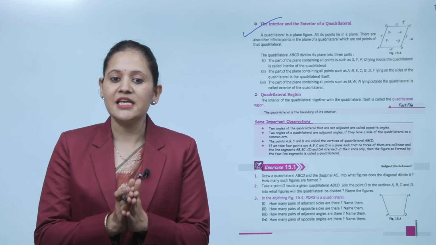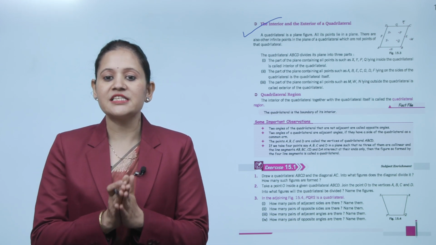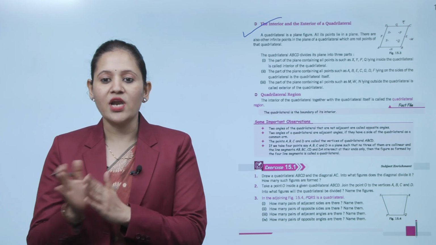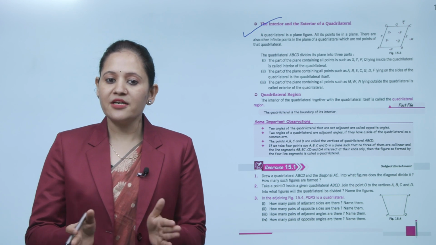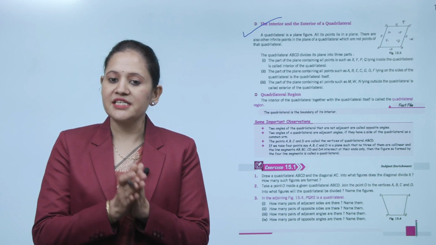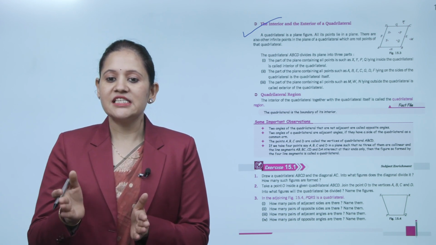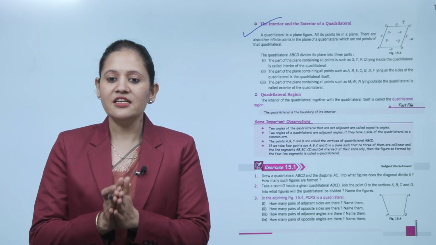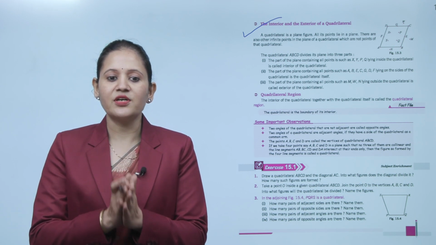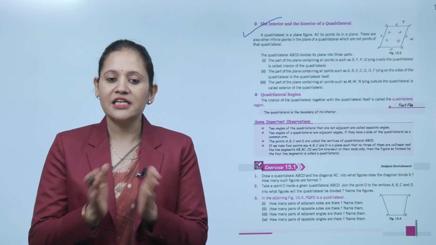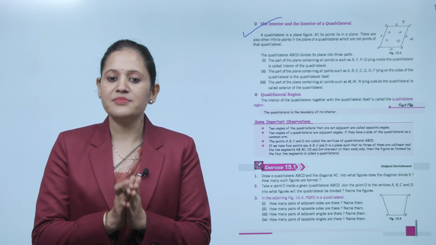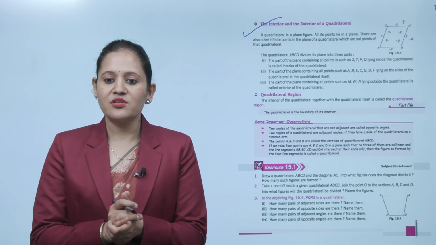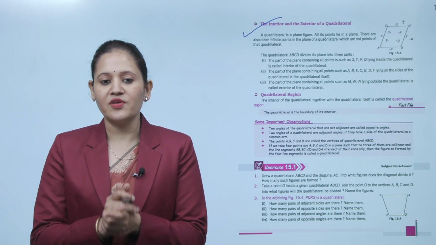The part of the plane containing all points such as X, Y, P, Q lying inside the quadrilateral is called the interior of the quadrilateral. The part of the plane containing all the points such as A, B, E, C, G, D lying on the sides of the quadrilateral is the quadrilateral itself. The part of the plane containing the points M, W, N lying outside the quadrilateral is called the exterior of the quadrilateral.